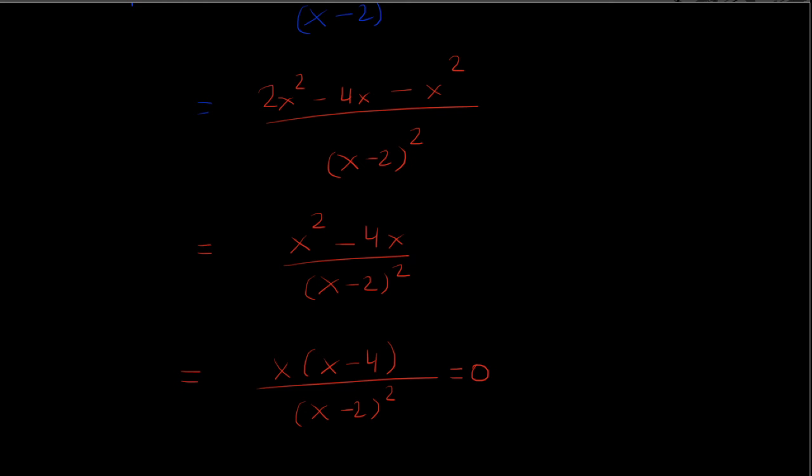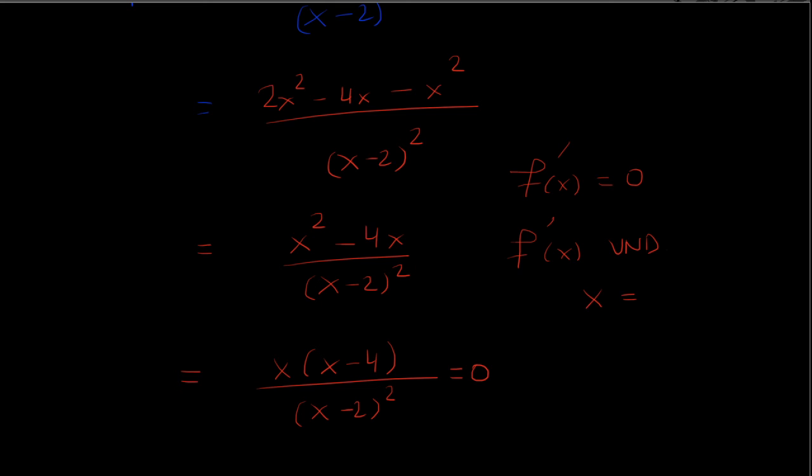Okay, so we're going to consider two cases: when is f prime equal to 0, and when is f prime undefined? Clearly, we set the denominator equal to 0, and that's undefined.